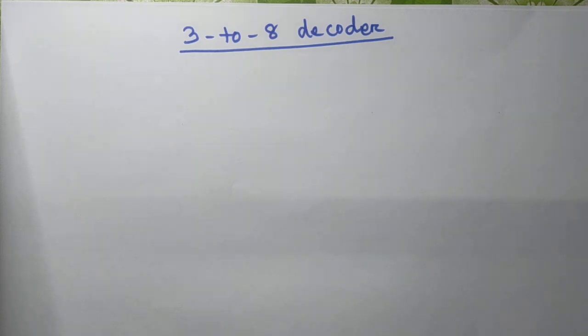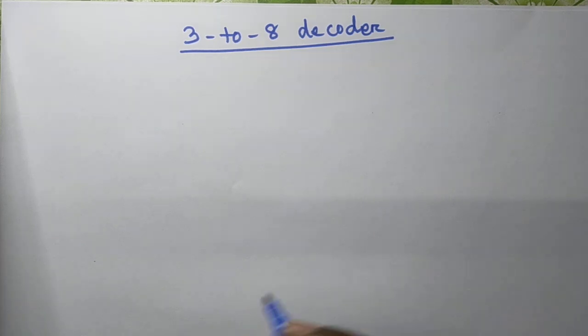Based on that, today I will discuss the 3 to 8 decoder. It is the same concept, just with one additional input. Whenever we add one more input to two inputs, that is 3 inputs, the decoder provides 8 outputs, which is why we call it a 3 to 8 decoder.